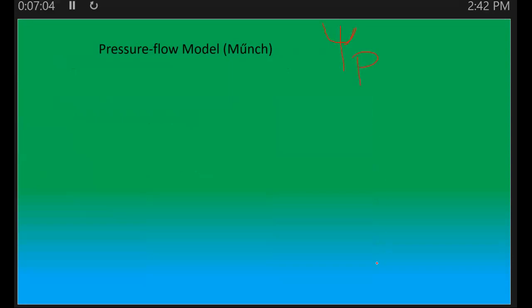So when you think about things moving, it's going to be a bulk flow phenomenon. Bulk flow, you think about a pressure gradient of some sort. So we're thinking about hydrostatic pressure that will develop and create some kind of pressure gradient that will allow for movement from source to sink.